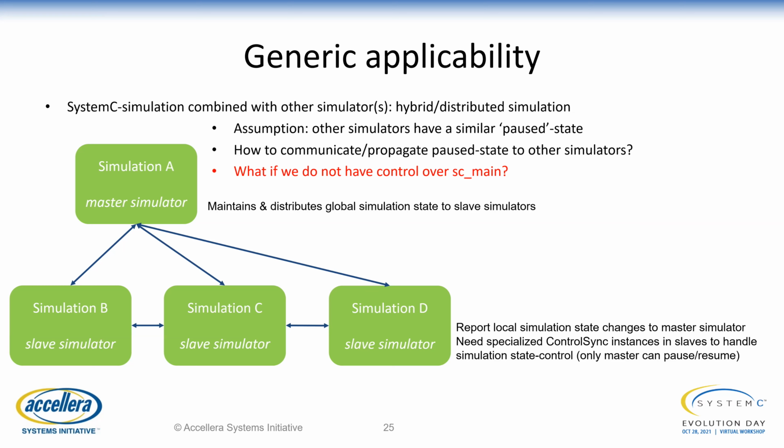Suppose that the part that we are responsible for, or we have control over, is just one of the slave simulators. In that case, how do we report back to either the master simulator or any of the other slave simulators that we are in this paused state?